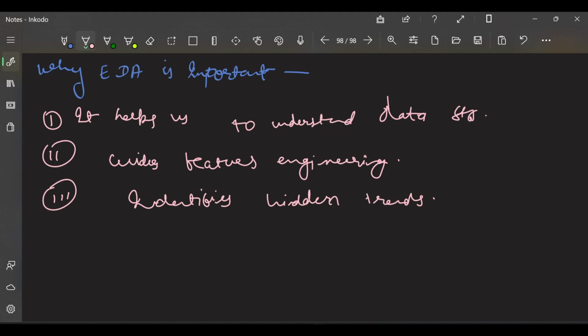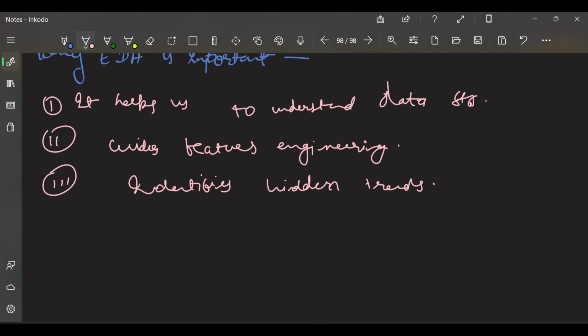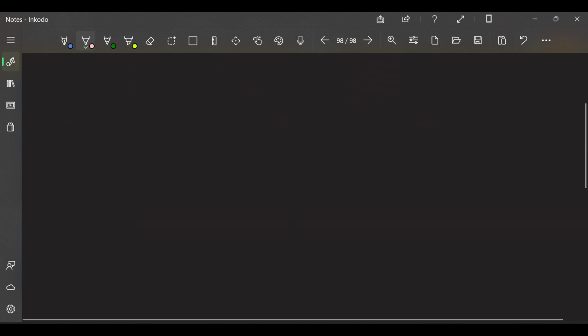There are some steps which are involved in EDA. So now we will discuss the steps in EDA.